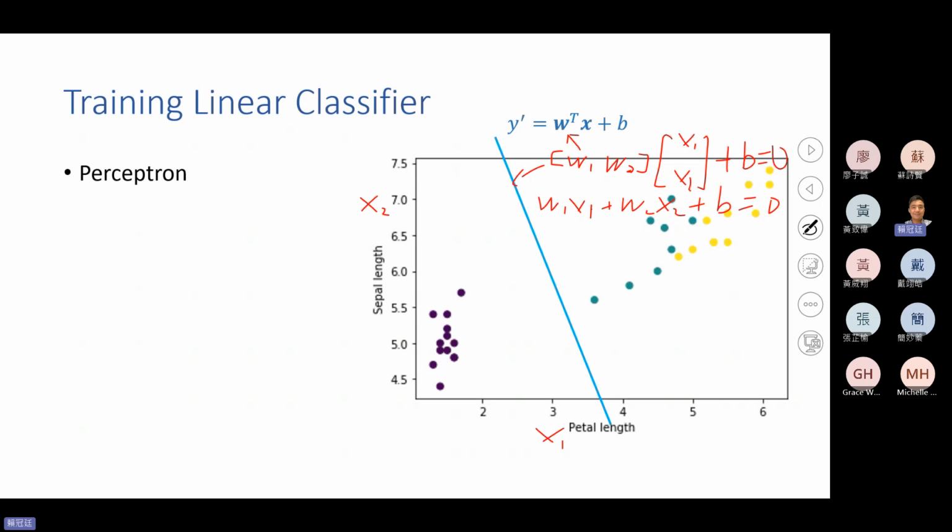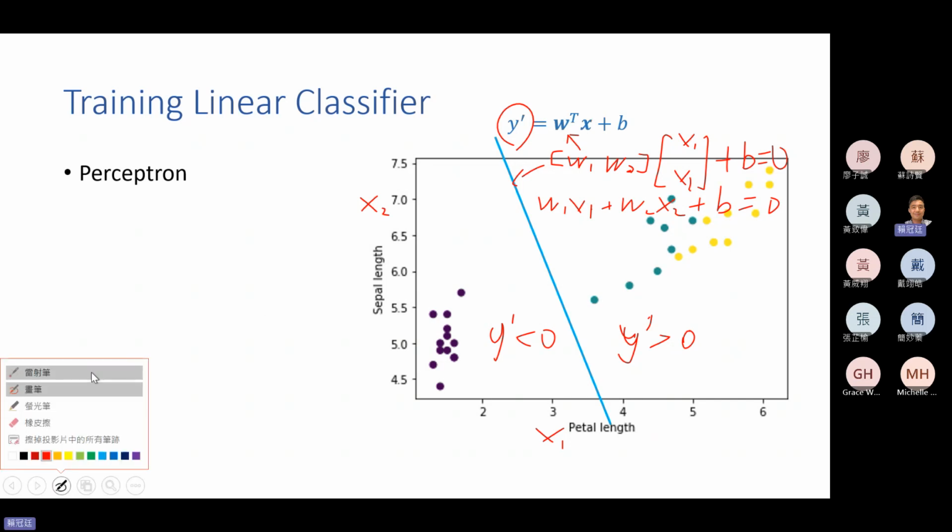Vector w multiplied by the vector x plus a bias. If a new input x comes, it will calculate a new value y prime. If y prime is larger than 0, then this belongs to the right plane. If y prime is less than 0, then it belongs to the left plane. Right. So y prime is the prediction. It's not part of the axis.